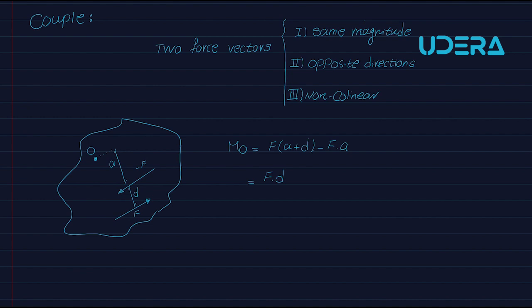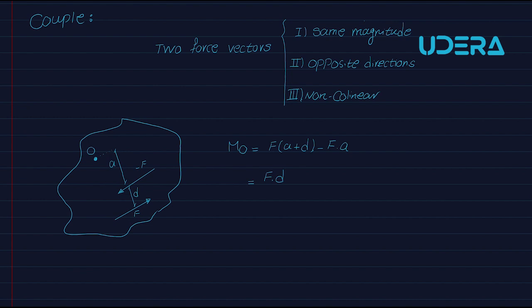So note that when the couple condition is met, the moment is independent of any point on the body. Therefore, only the distance separating the two vectors affects the result. In other words, couple is the same for any existing point on the body.